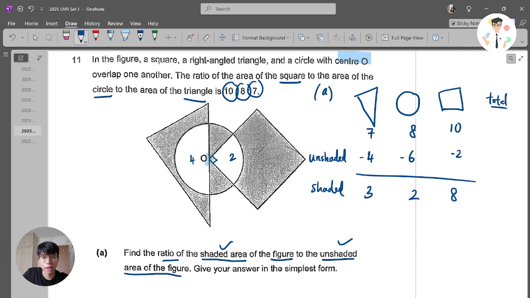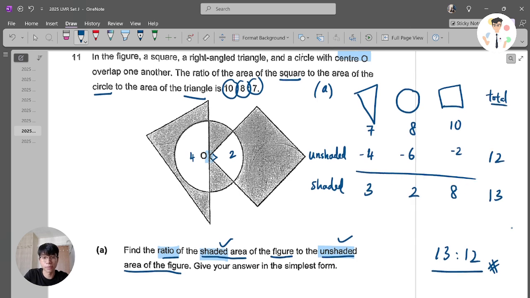Okay. And of course, the question is now asking for what? The ratio of shaded to unshaded. So what's the shaded? 3 plus 2 plus 8, which is 13. What is the unshaded? 6 plus 4 plus 2, which is 12. And of course, the answer is shaded 13, unshaded 12. And we are done for this question.